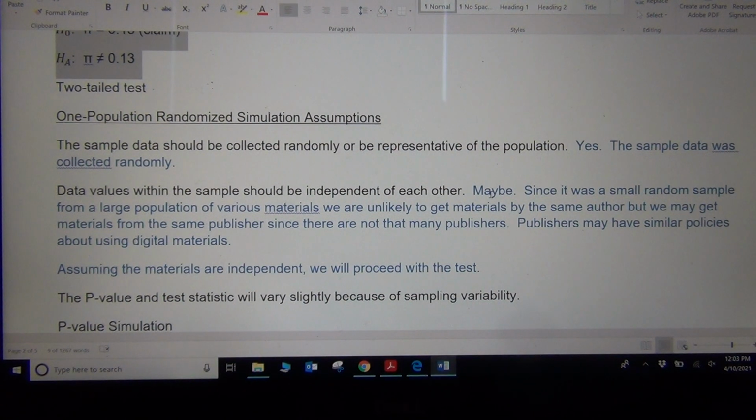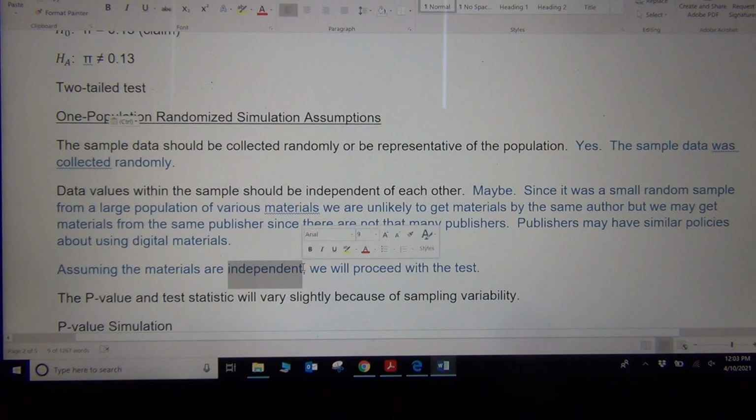So it may not be totally independent of each other. You know, certain publishers have similar policies, authors tend to write similarly. So, okay, we'll go ahead and proceed with the test with kind of a question mark about independence. Independence is a tricky one to kind of figure out. We'll go ahead and assume that they are independent for now.